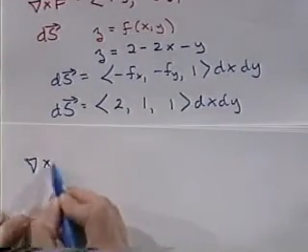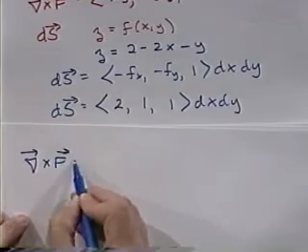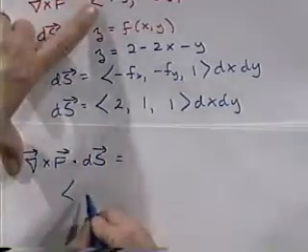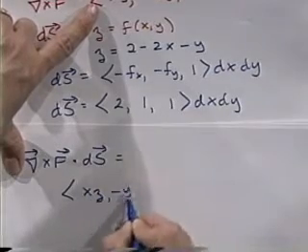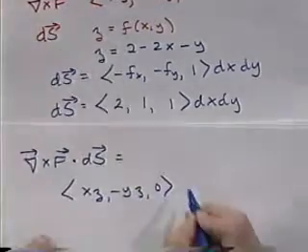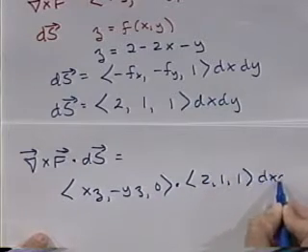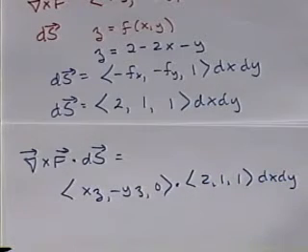So del cross F dot dS is going to be the vector xz, minus yz, 0, dotted with 2, 1, 1 dx dy.